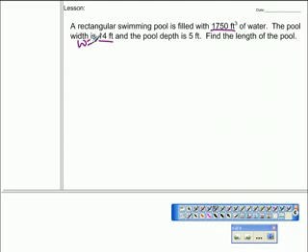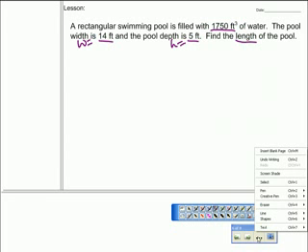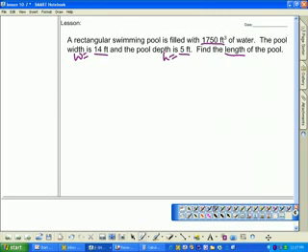And the depth is 5 feet, which could also be the height, right? That'd be the height. Find the length. So I'm missing my L, correct? Yeah. Now some people, like me, I need pictures.